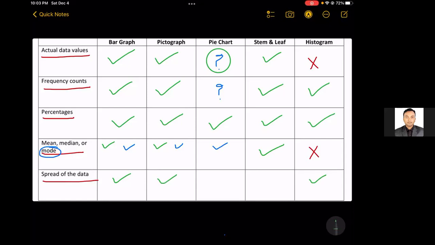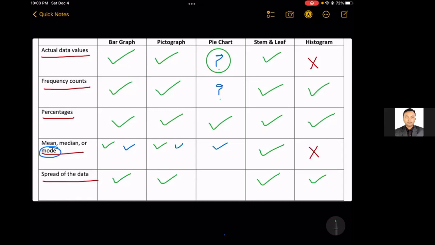From stem and leaf, again, we can see by just eyeballing the stems. We probably won't need to see the leaves. The leaves will provide us with more precise information, but we can probably eyeball the stems and see how spread out the data set is.